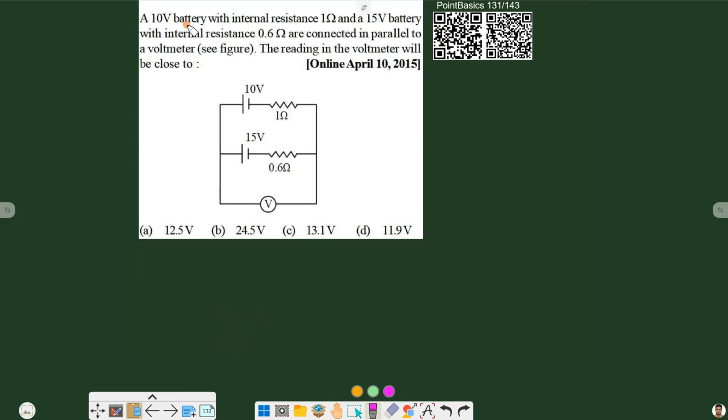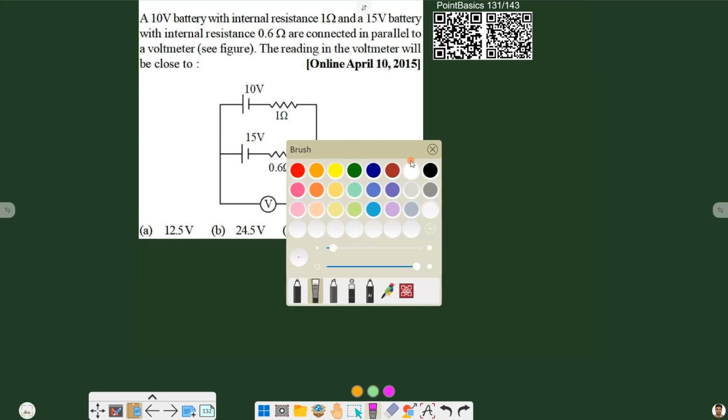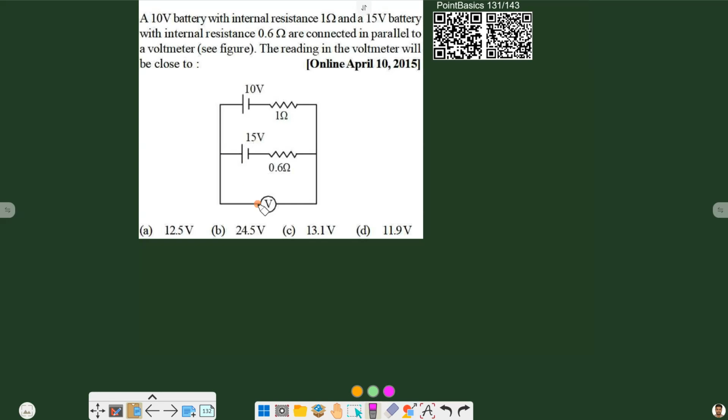So a 10 volt battery with internal resistance 1 ohm and a 15 volt battery with internal resistance of 0.6 ohm are connected in parallel to a voltmeter. We have to find the reading of the voltmeter. As we can see, both of these batteries are in parallel, and when we have batteries in parallel, their final EMF E is given by summation Ei by ri divided by summation 1 by ri, where ri is their internal resistance.